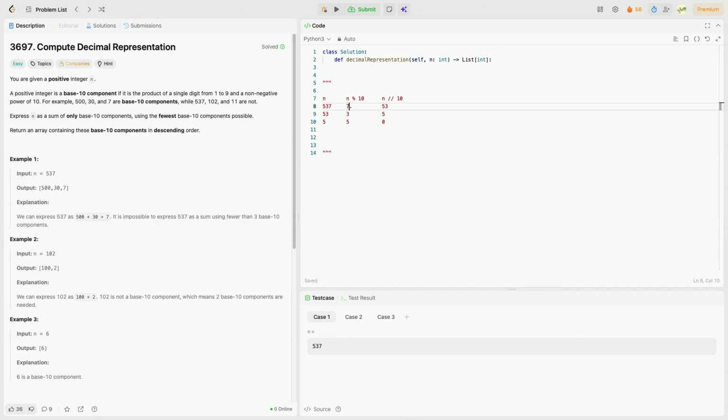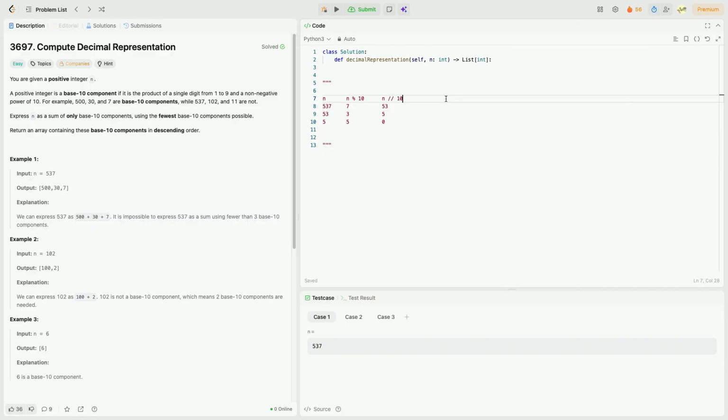So I think we need some logic to always extract the last digit. And I think we could do that this way. And you can see that we're extracting them in order of, I suppose, least significance. First the last digit, then the next one.